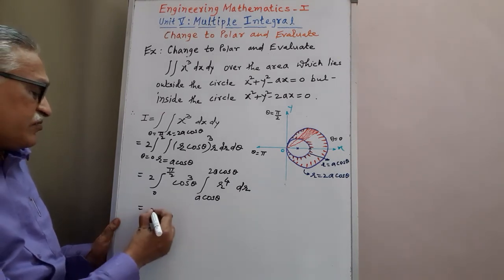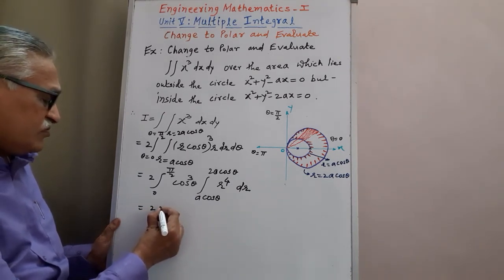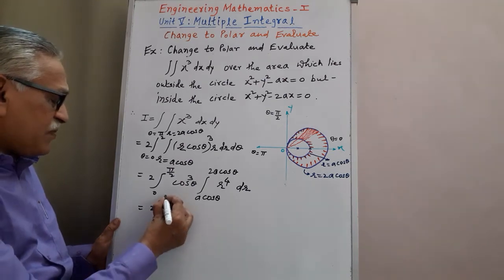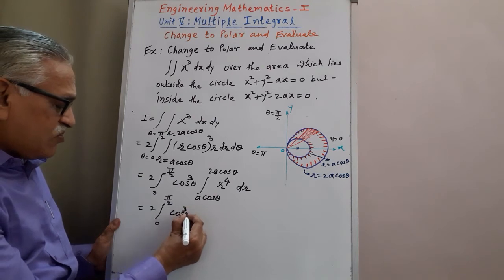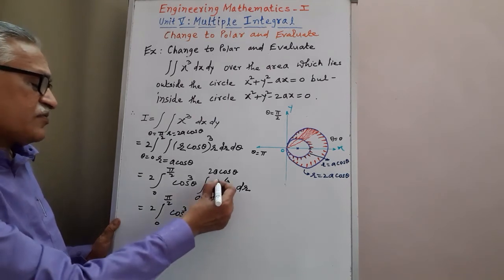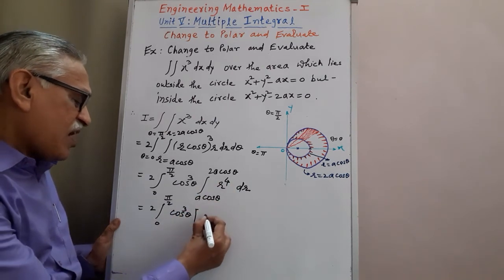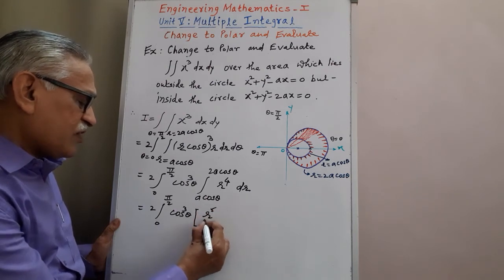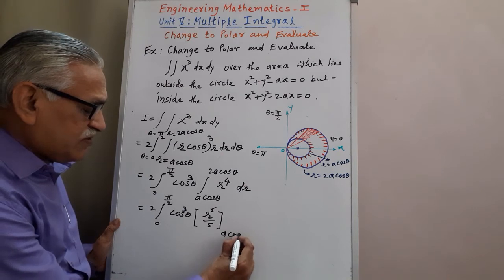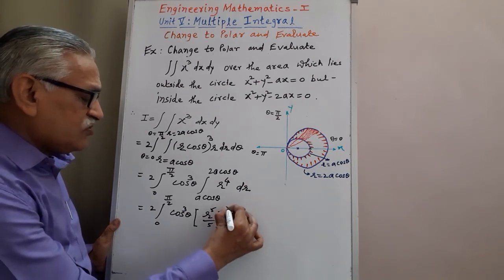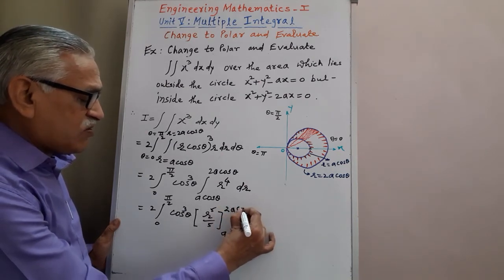Therefore, it is 2 integral from 0 to pi by 2 cos cube theta as it is. Performing the integration of r raised to 4, it is r raised to 5 by 5 and limits from a cos theta to 2a cos theta.